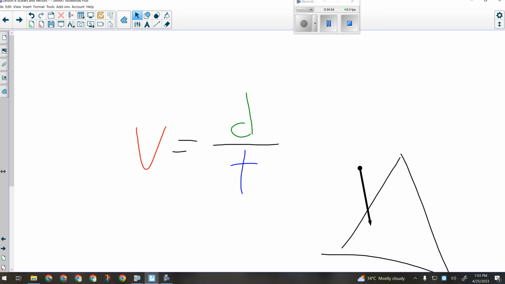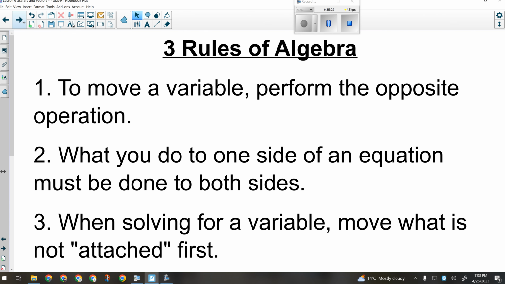Okay, so we just want to quickly review the rules of algebra here so that we have them. Rule number 1, to move a variable, you perform the opposite operation. If I'm dividing by something, I would multiply by it to move it to the other side. If I'm adding something, I would subtract it.